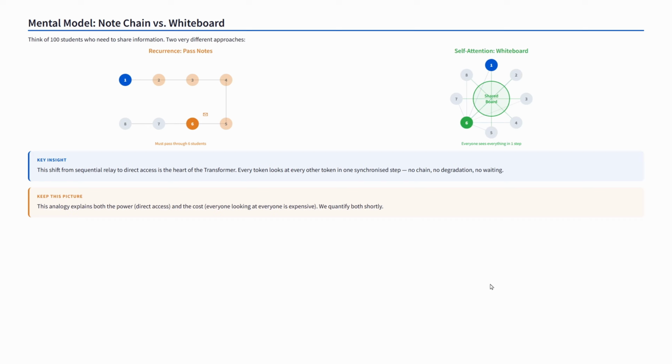Direct access is powerful because there's no information loss. But everyone looking at everyone is expensive because that's a lot of looking, right? We'll put a number to that cost in a few minutes, and we'll see how the cost comes out. Keep this picture in mind.